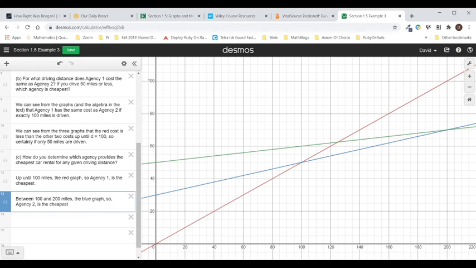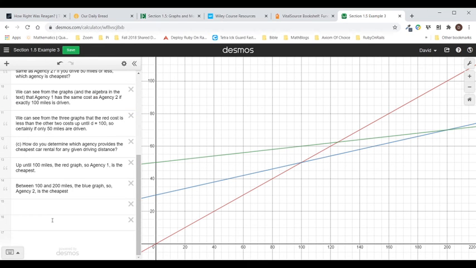And after that, the green one becomes the cheapest. So let me add one more note. After 200 miles, the green graph is the bottom graph.